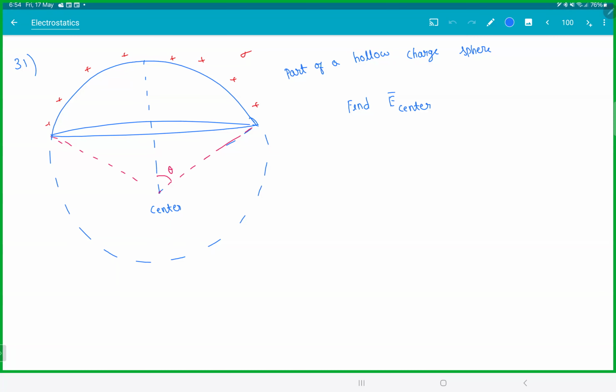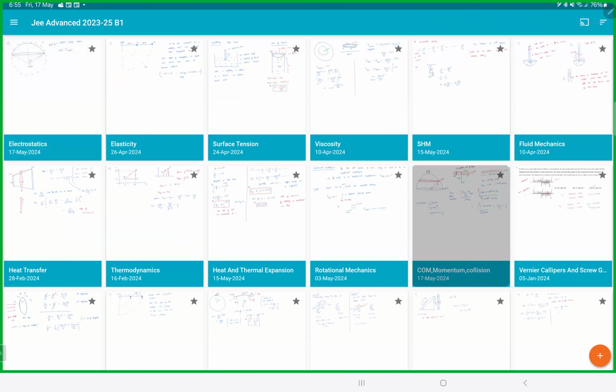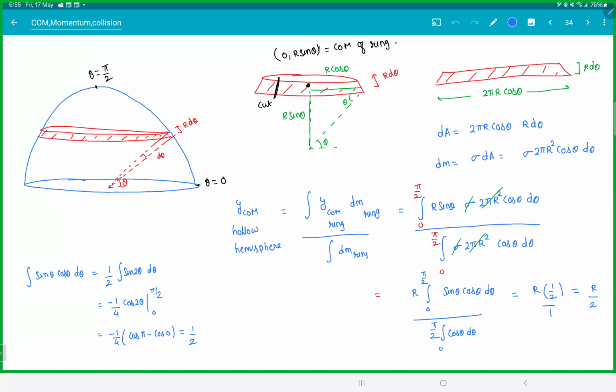I showed you how to choose an element. So if you want, I'll show it again. So once you took an element, can you see it? Doesn't it look like now that formula? Field due to a ring. ऐसा नहीं होता है रे. I'll keep changing questions.